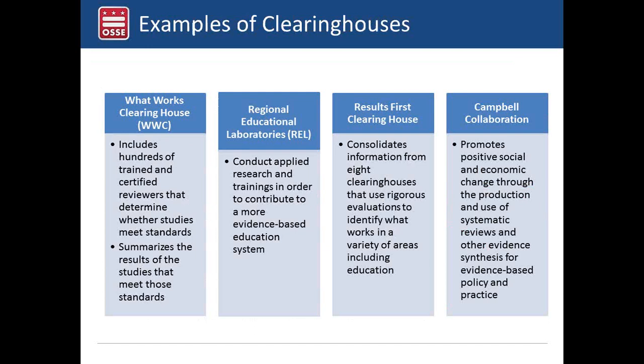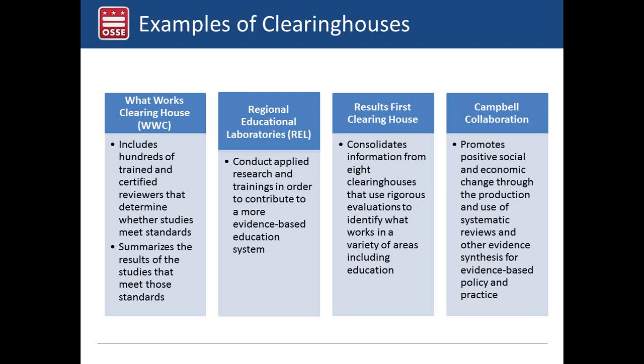On this side, you will find 4 examples of clearinghouses: What Works Clearinghouse, Regional Educational Laboratories, Results First Clearinghouse, and Campbell Collaboration. The great thing about clearinghouses is they have done some of the hard work for you.